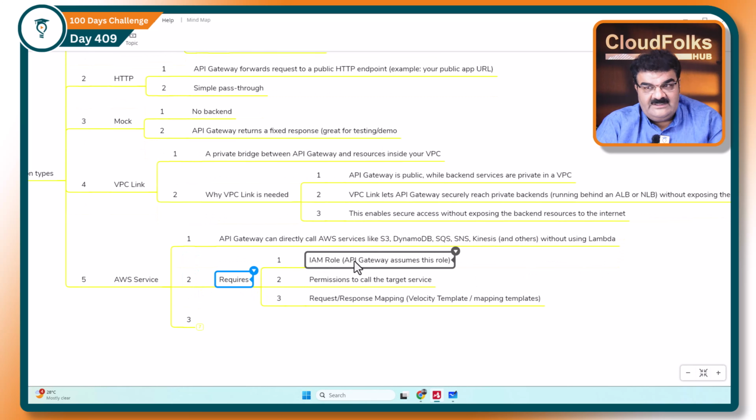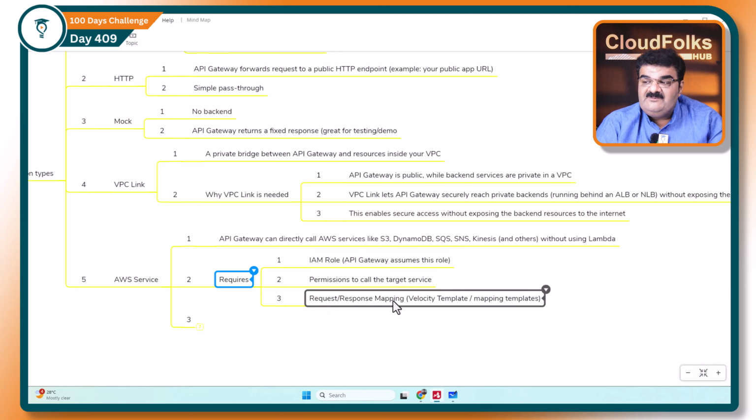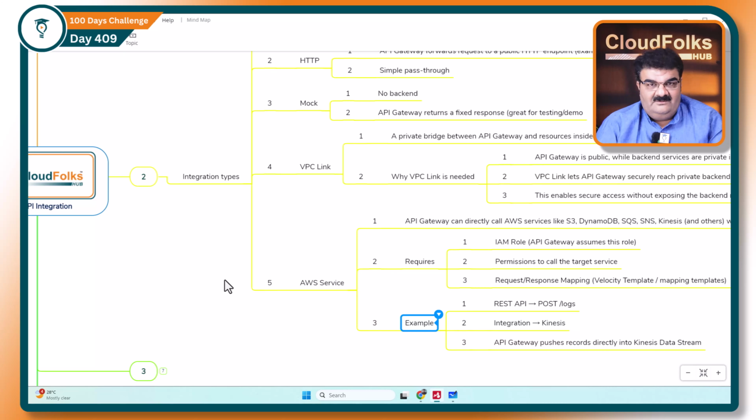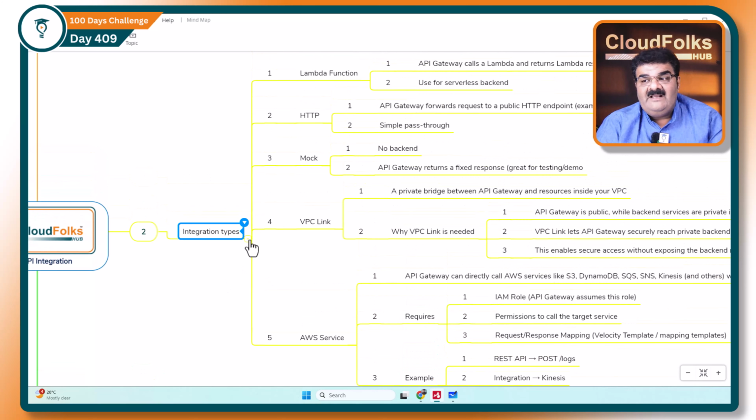It requires you to set up an IAM role, permission to call target services, and request and response mapping, velocity template or mapping template. There are so many things you have to set up, and then you can use these services. For example, REST API is going to use post/log request, integration Kinesis. API gateway pushes records directly into the Kinesis data stream, right? So these are the integration types supported by REST API.